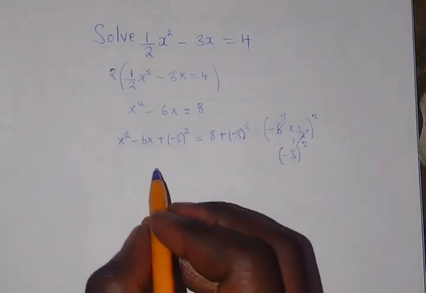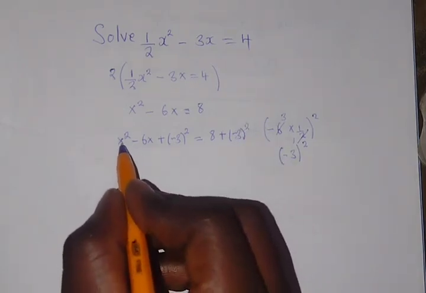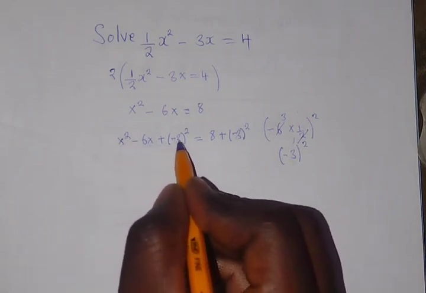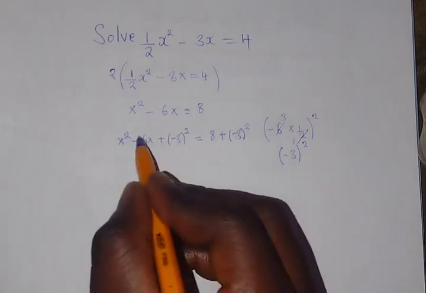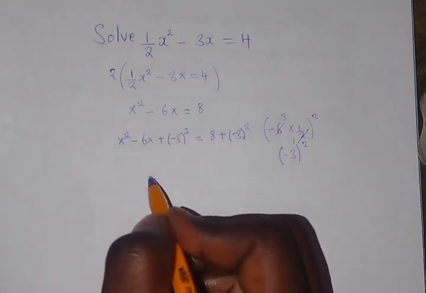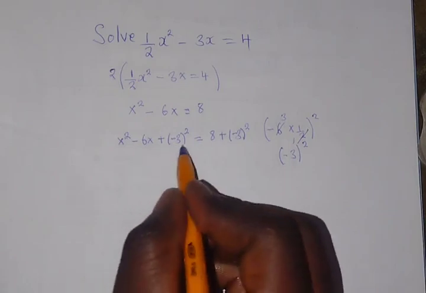Then from here, we can get x squared minus 3 squared, because they are both squares, so we can apply the difference of two squares such that if we expand, you'll get the same thing.